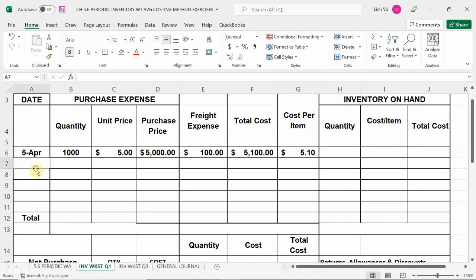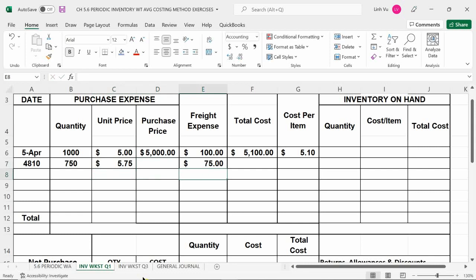So here we are, it is April 10, okay? We purchased 750 units at $5.75 with a freight of $75.